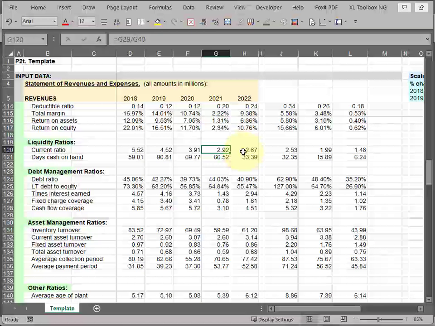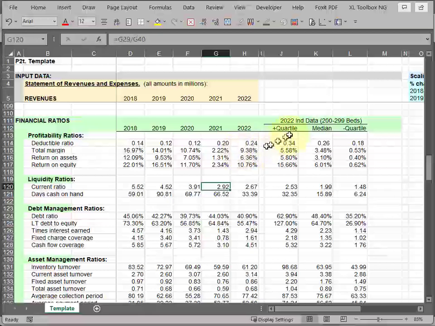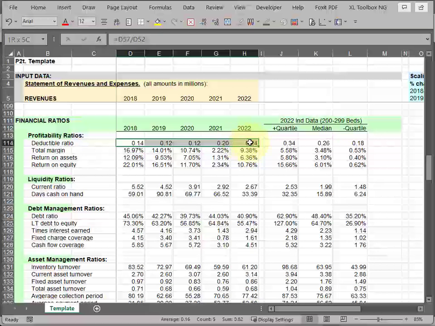Now, to make sense of other ratios, something else that might help, especially in the Word document itself, is that you're given industry data for key ratios. So for that deductible ratio that we were doing, we saw ours change over time, and we talked about how that happens. You can compare yourself to other hospitals here.